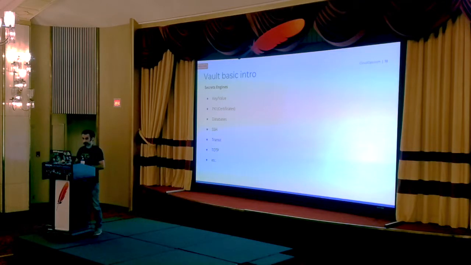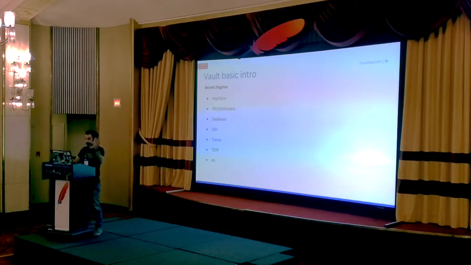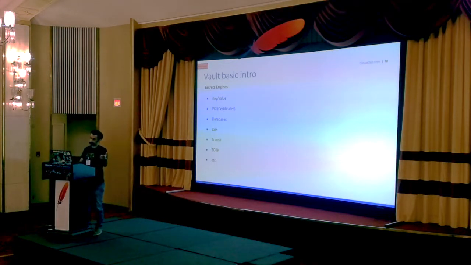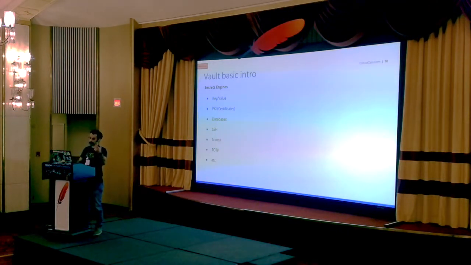Databases is going to be used for database credentials. So let's say you have a web application that needs to connect to Postgres or MySQL or whatever. Instead of defining your connection string to the database from the application point of view, you go ahead in Vault and define a database backend engine and work it backward. You define your database backend engine in Vault.